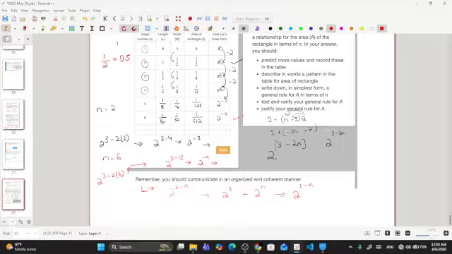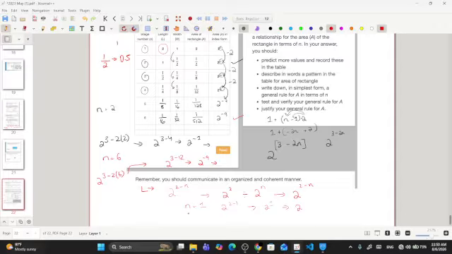Now, in order to verify this, let me substitute the value of n as 1, for instance. If I substitute n equals 1, I get 2 raised to the power of 2 minus 1, which is 2 raised to the power of 1. That gives me an answer of 2. And here we go.